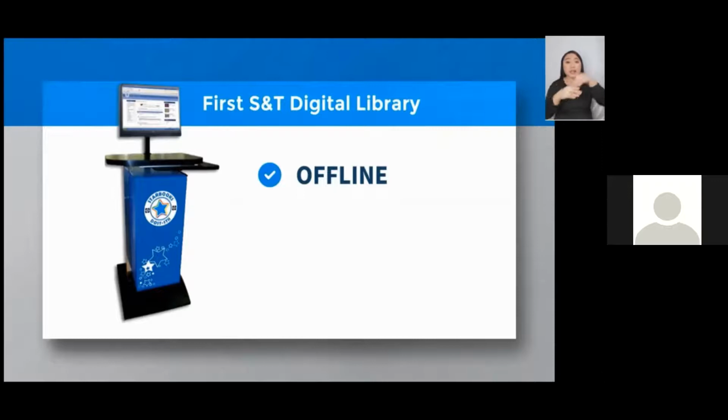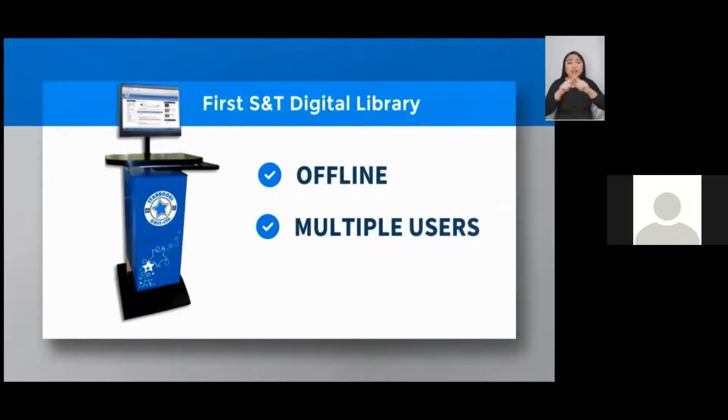Kasi offline na po siya. As well, siya po ay multiple users na. Unlike our traditional libraries, na yung mga books, antayin pa natin siyang maibalik or ma-shelf ulit bago may makagamit. Si Starbucks po, simultaneous na. Since it's a system na, it's a digital system, so simultaneous na po yung makakagamit ng ating isang material.